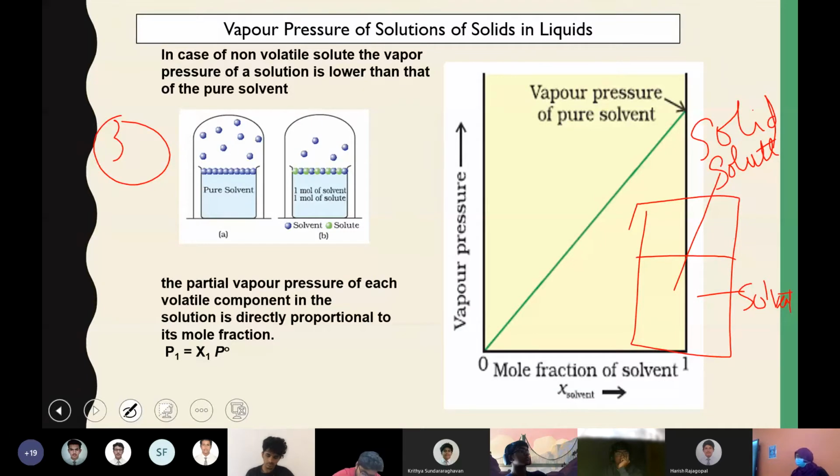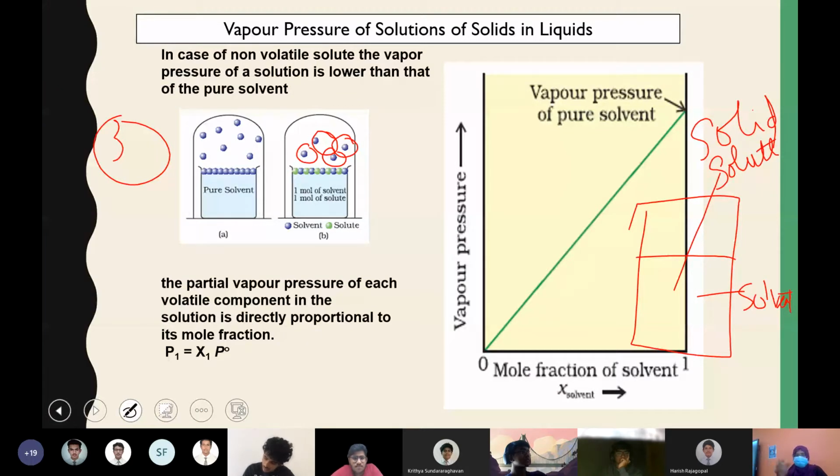It's a solid solute dissolved, which is non-volatile. It can't vaporize. It's not volatile. So what has happened? The number of vapors formed is decreased, right? When you compare, right? If fewer vapors are produced, then what will happen to vapor pressure? Decreases, because fewer vapors mean less pressure exerted by them on the liquid, right?